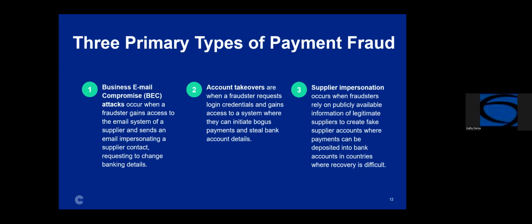And then the last one, supplier impersonation, occurs when fraudsters rely on publicly available information of legitimate suppliers to create fake accounts. And then they take the payments and deposit them into bank accounts that they own or in countries where it's difficult to recover.